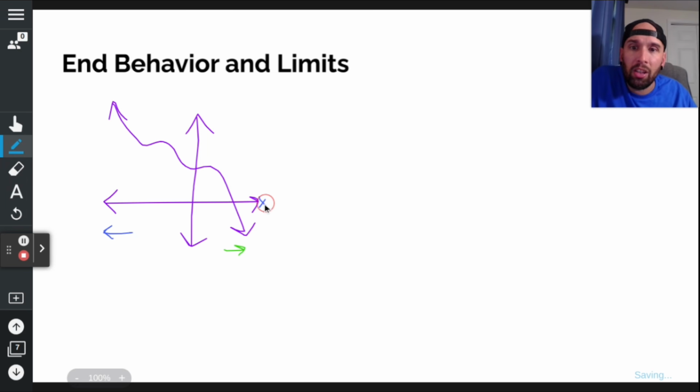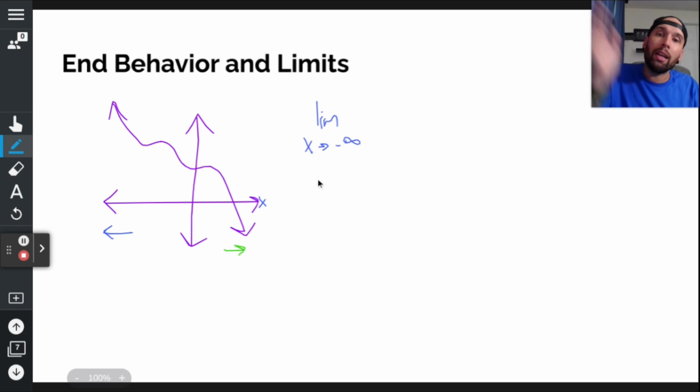This is the x-axis. We write out what's going on as x goes to the left as limit as x approaches negative infinity. That means as x goes to the left, where is my function going?